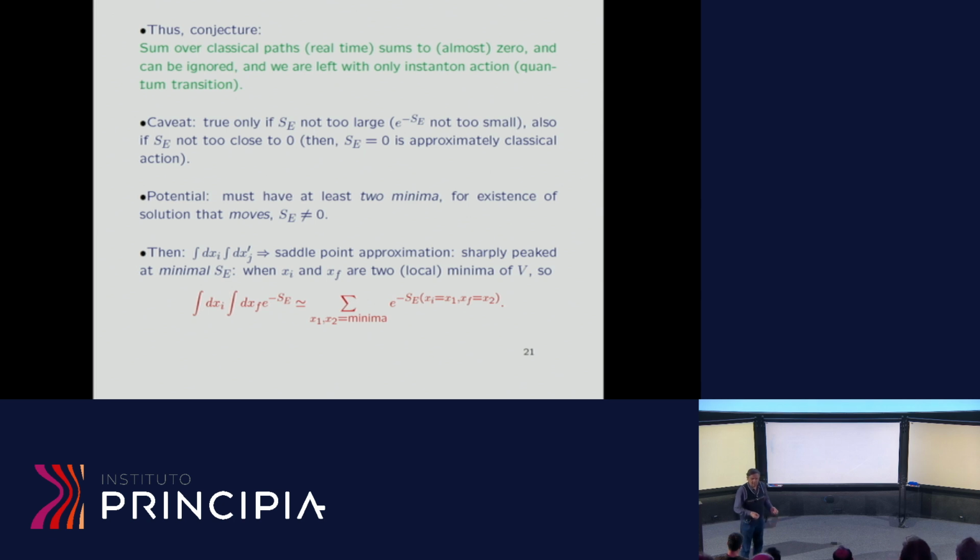But the place that has the minimal action is the standard instanton between a maximum of the inverted potential and another maximum via a minimum. And so by this saddle point approximation, when I do this integral, I should have just the sum of the minima of these instantonic factors.